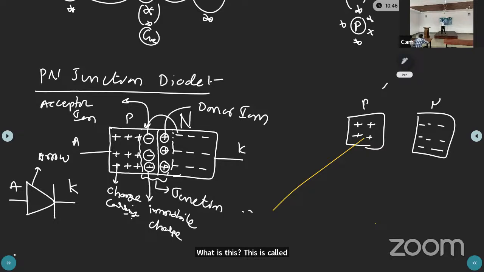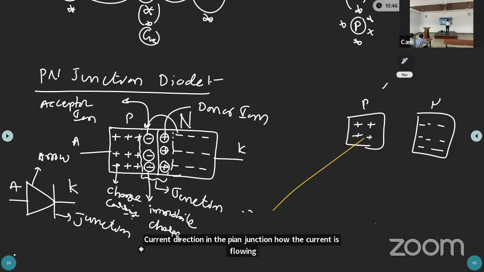That arrow shows the conventional current direction, how the current is flowing in the PN junction diode. The arrow indicates the conventional current direction, which is the positive direction.